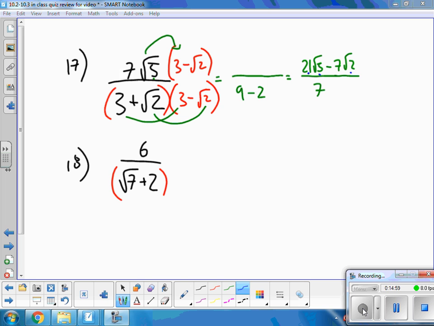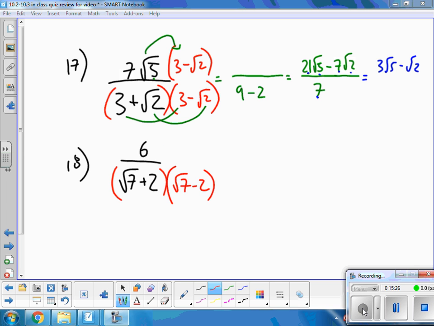But I'm going to look at the 21, the 7, and the 7, and you know these can be simplified. So 21 over 7 becomes 3 times square root of 5. 7 over 7 becomes 1. And this becomes 1. So there is my final answer. 3 times square root of 5 minus square root of 2. Ta-da! Last one, I promise.